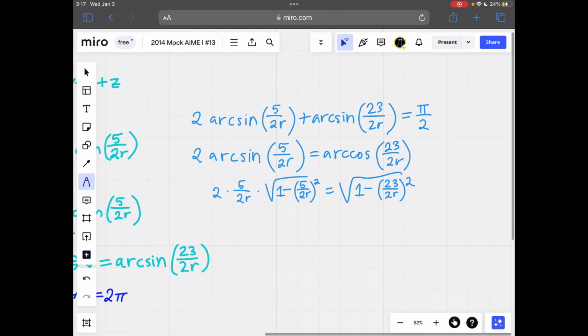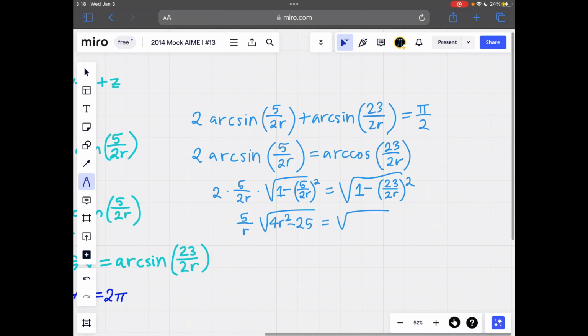And now, if we multiply both sides by 2R, we're going to get 2 times 5 over 2R, which is just 5 over R, times this times 2R, which is just the square root of 4R squared minus 25.